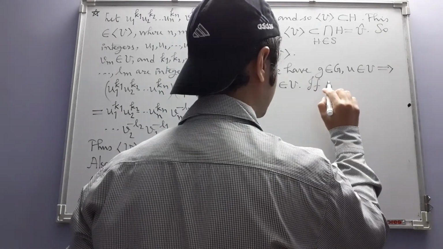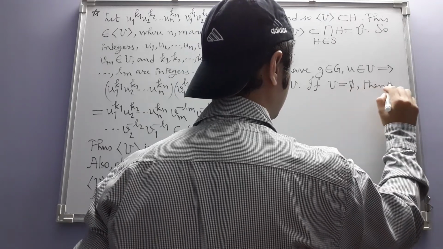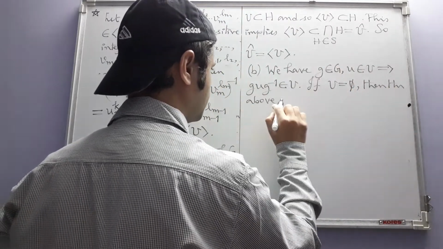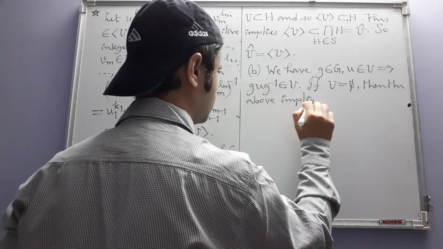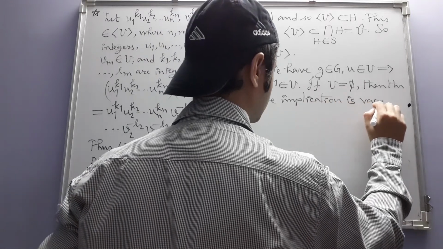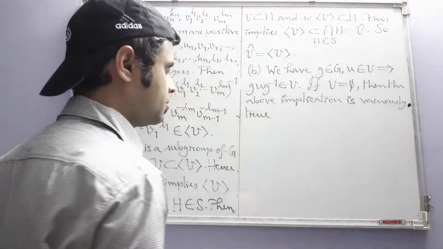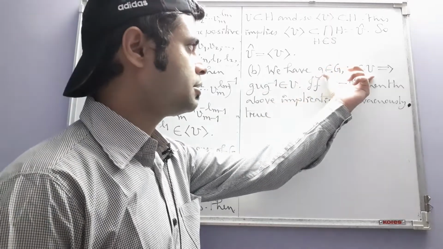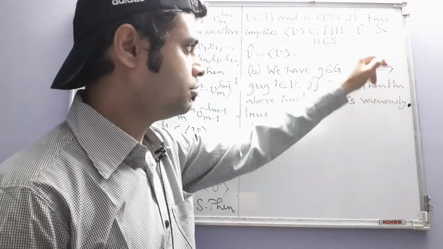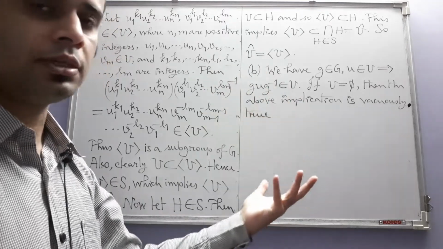If U is empty, then the above implication, this one, is vacuously true, because the hypothesis of this implication is false since U is empty, so we cannot choose any element from U. So that's why the implication is vacuously true.